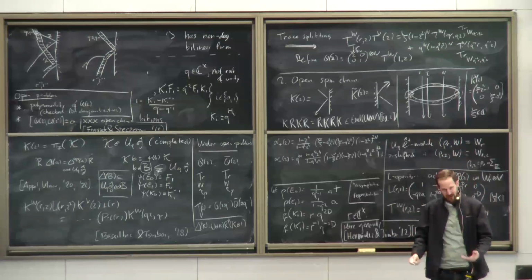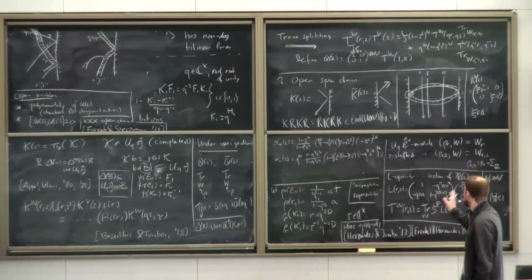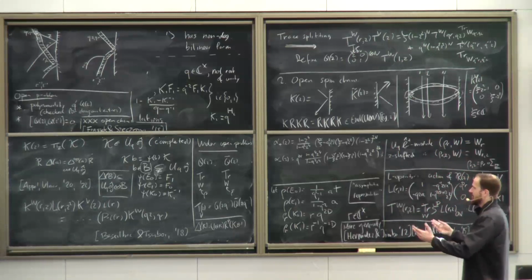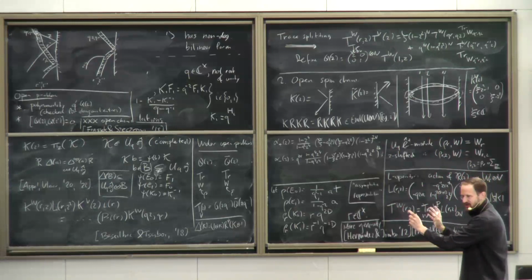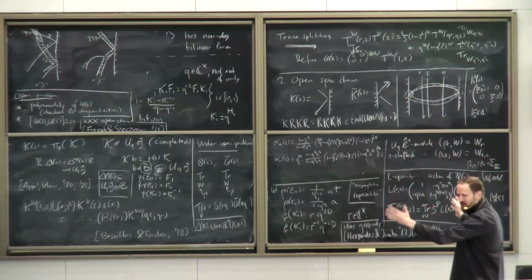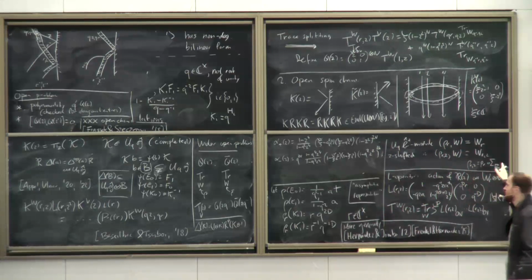You can define a quantum Hamiltonian by taking, roughly speaking, a logarithmic derivative of that object at a special point. Then you can read off the usual spin chain nearest neighbor interactions plus two diagonal boundary terms, which roughly correspond to these K matrices, one depending on psi and one depending on psi Q.